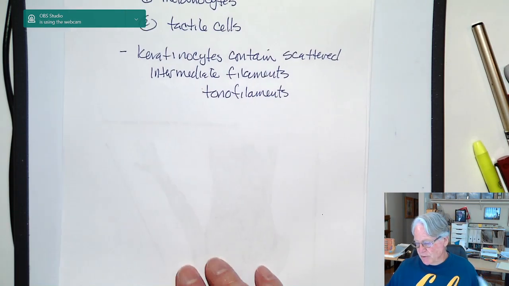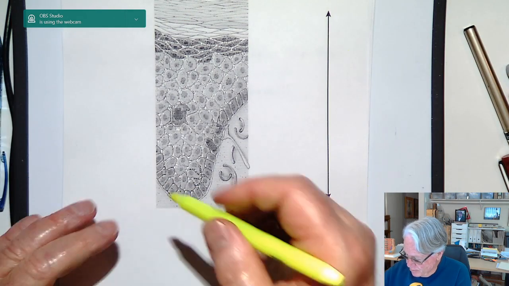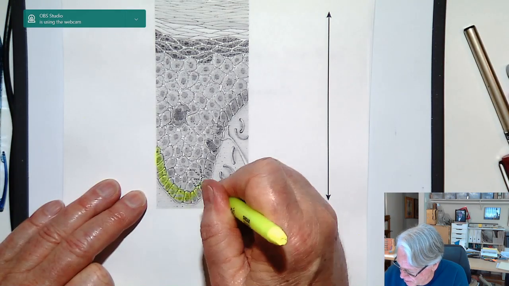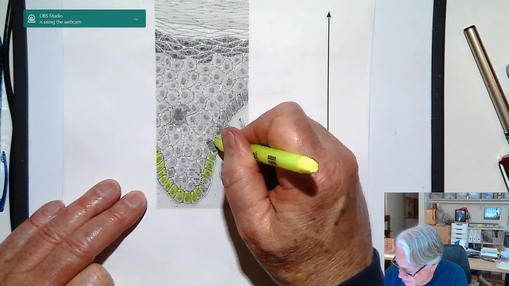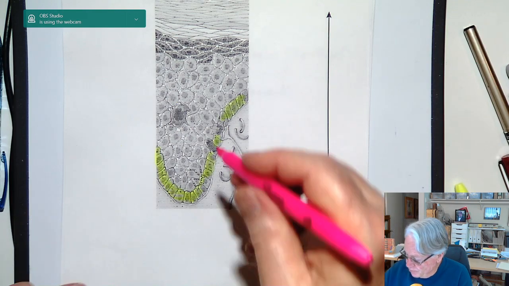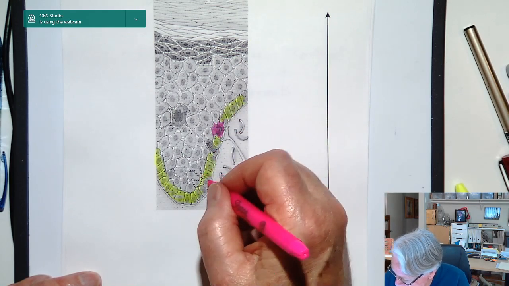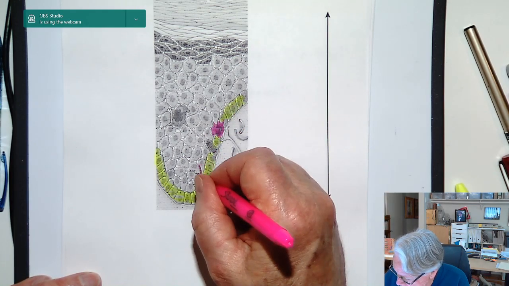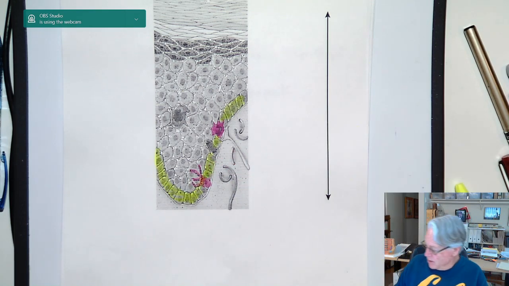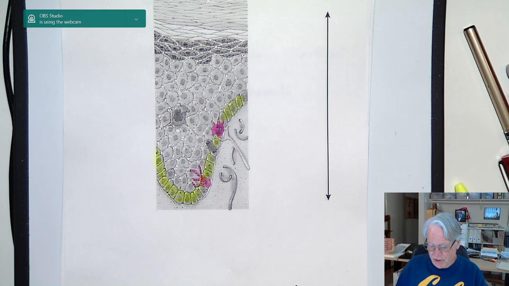So at this point, since we've described this layer, let's go ahead and I'm going to color this layer in. Here it is. We're going to identify that layer. And then I'm going to identify within that layer a couple of different cells. There's one there, and there's one right there. Okay. And so let's go ahead and identify what those are. So this is the stratum basale.